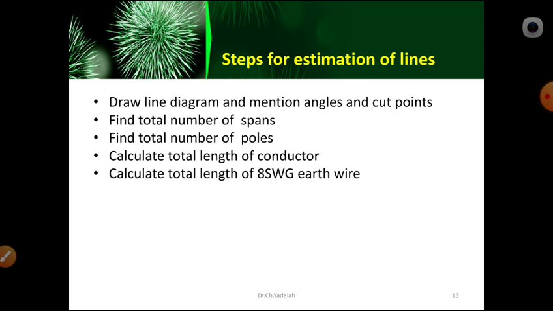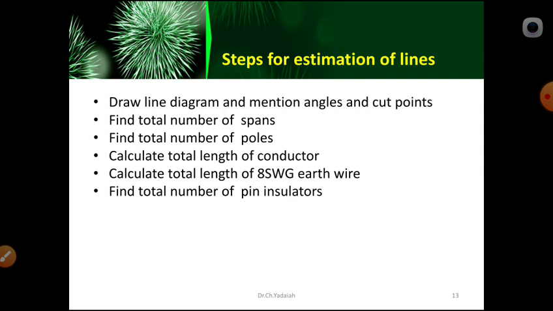After that, find out the number of poles on which we are going to place the cross arms and insulators. Now, what are the insulators? Find the number of insulators. And before the insulator calculations, keep in mind that at the starting and ending you have to use strain insulators.